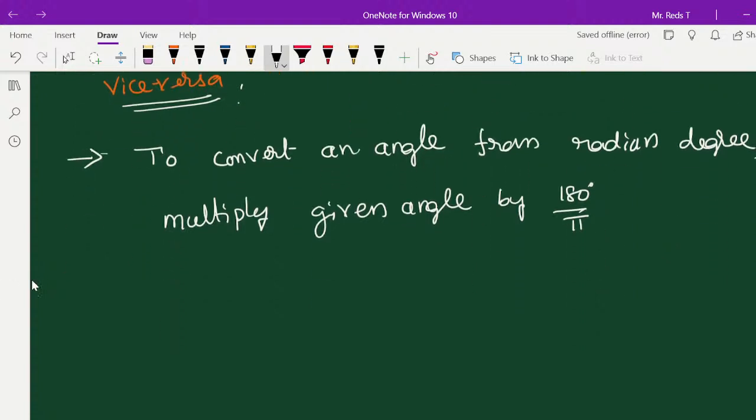Next, we'll see some examples also. Before that, just note down this point as well.